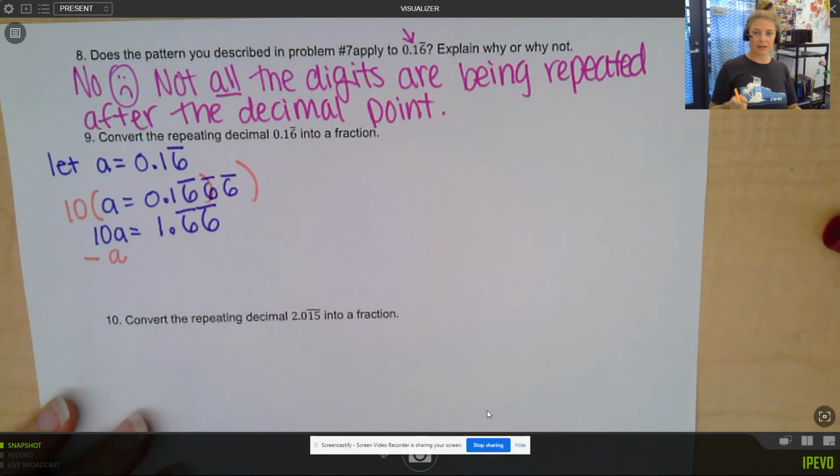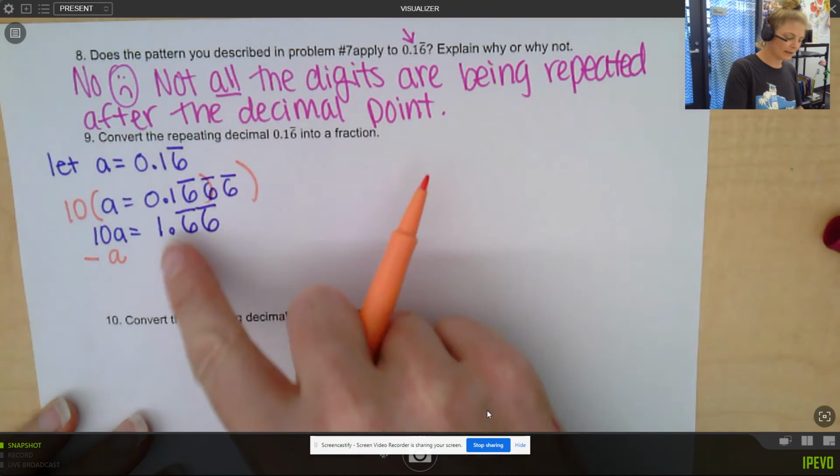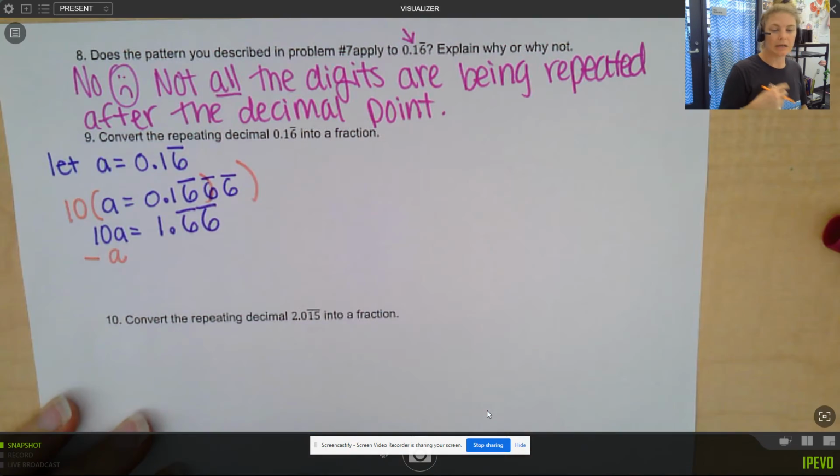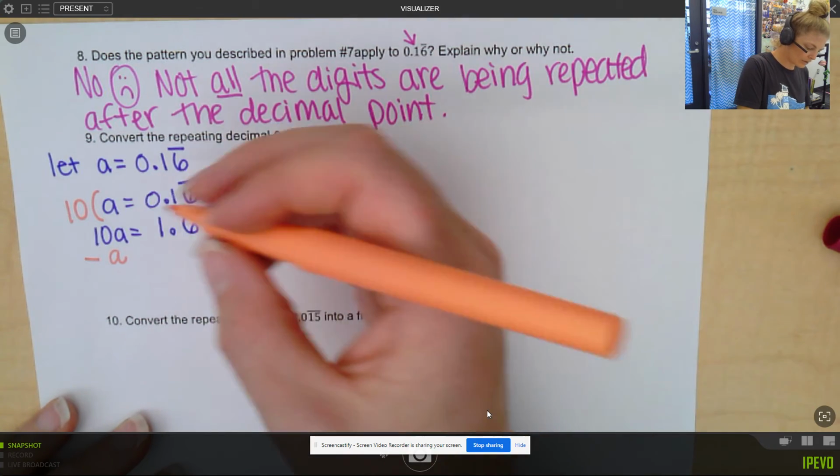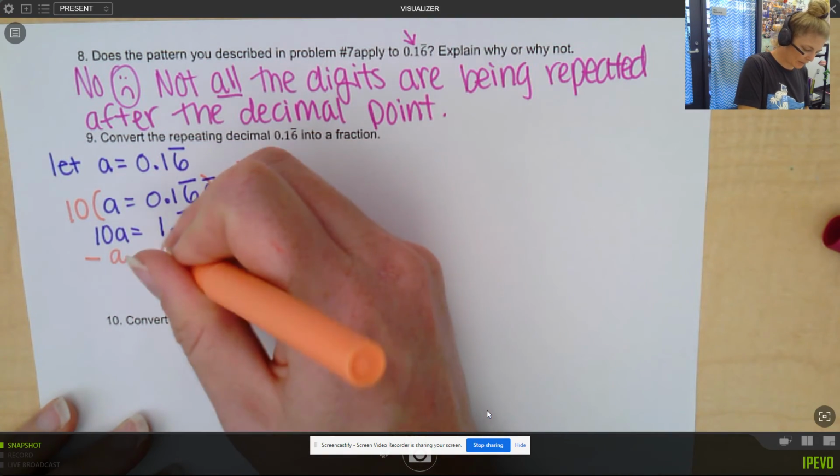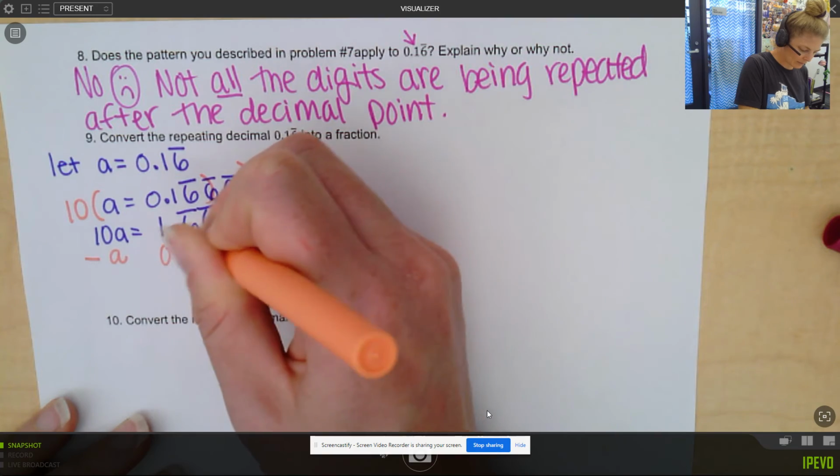This is where lining up your decimal point is really important and filling in any numbers. I know typically when we're subtracting and we think about filling in numbers, we think of 0. We can't think that way anymore because some of these repeating decimals, it's not a repeating 0, right? Okay, so we're subtracting A. Remember, A is 0.16 repeating.